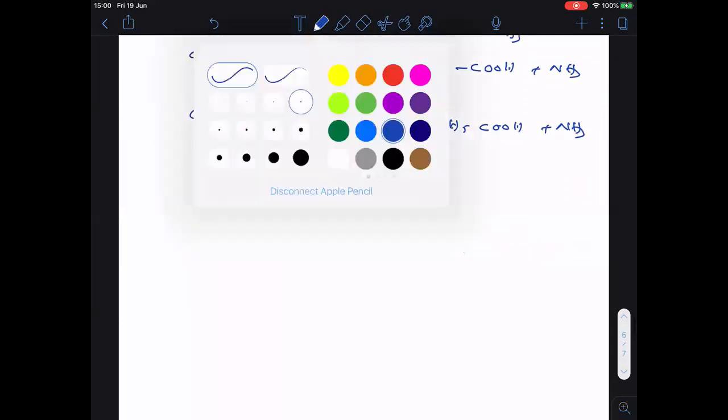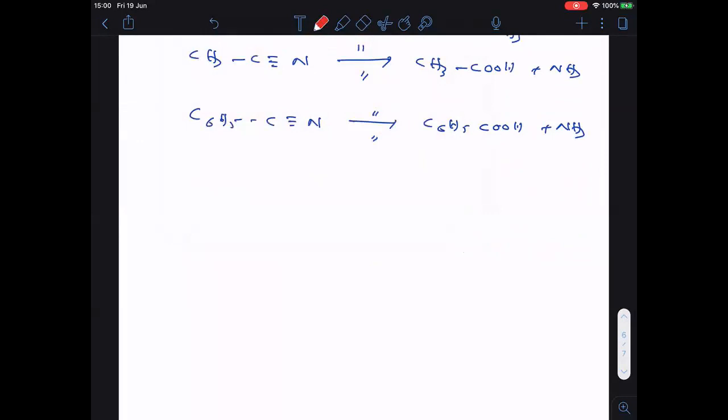Okay, now coming to the next preparation method. The next preparation method is from Grignard reagent. First of all, I think you know the Grignard reagent is RMgX.